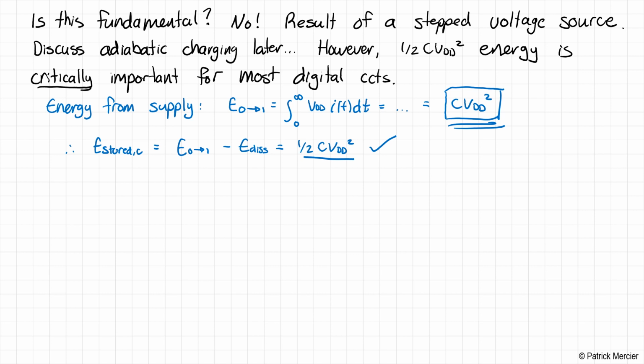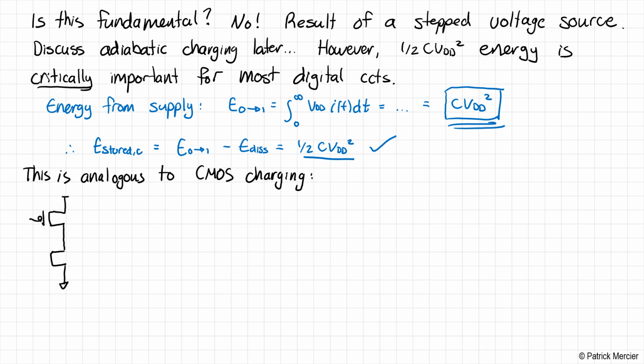So before leaving this section of the lecture, I want to make sure we understand why the circuit model I showed earlier is a good circuit model. Specifically, it's a good circuit model because it is analogous to CMOS charging. And what I mean by that is, remember the case where we have an inverter, looks something like this. And let's say that we were at VDD at the input, and now we've just connected it to ground.